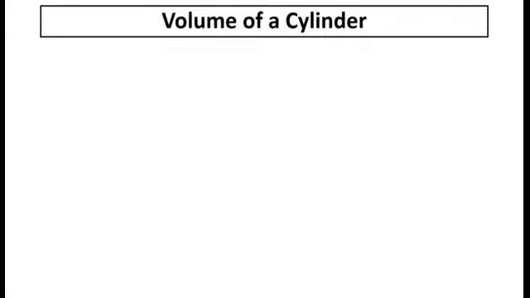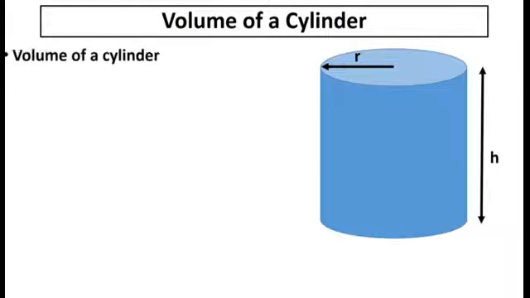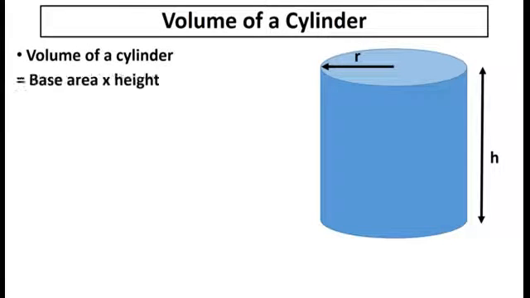Volume of a cylinder. As shown in the figure, a cylinder is there. For this cylinder, r is the radius and h is the height. So volume of a cylinder can be written as base area into height.